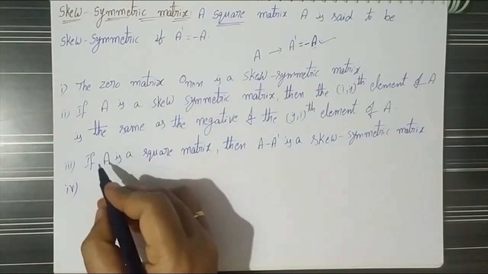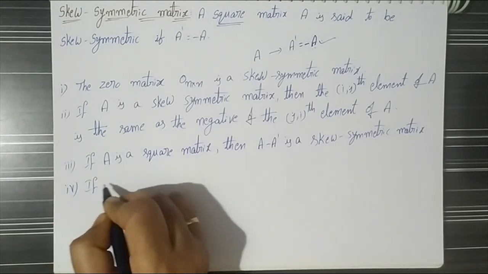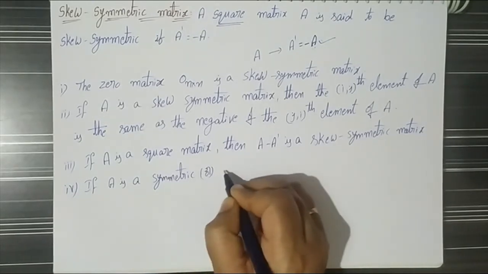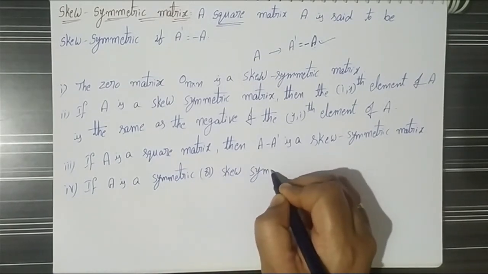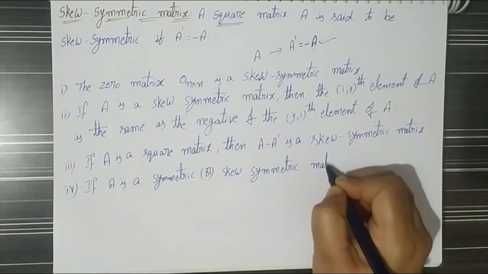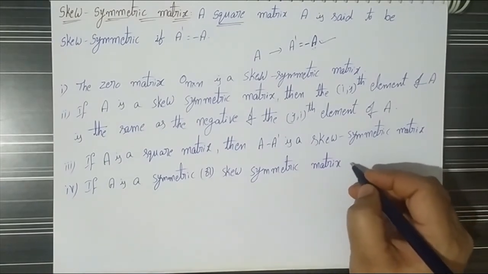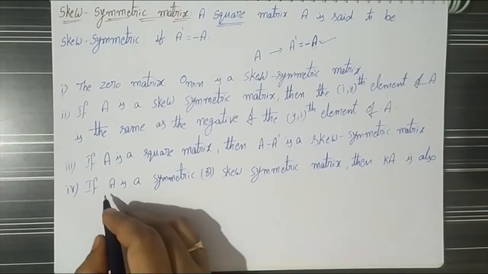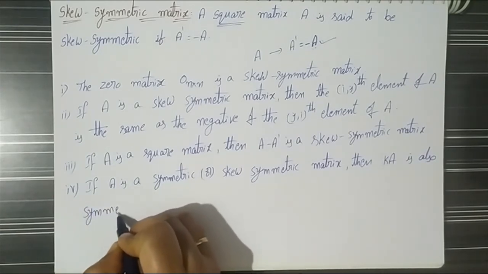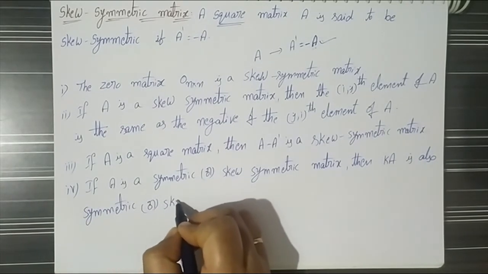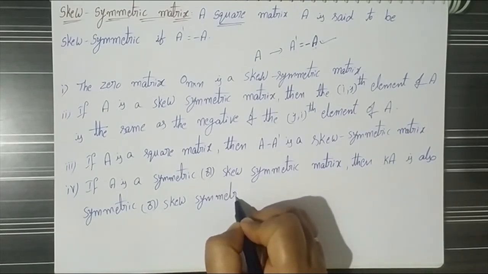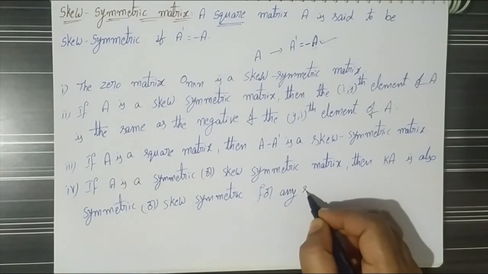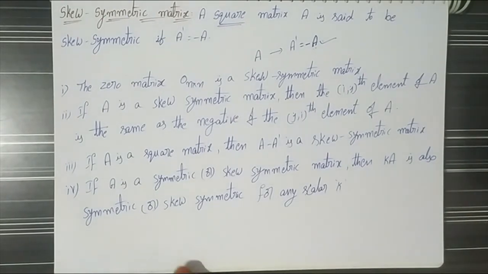And the final point is, if A is a symmetric or skew symmetric matrix, then kA is also symmetric or skew symmetric, for any scalar k.